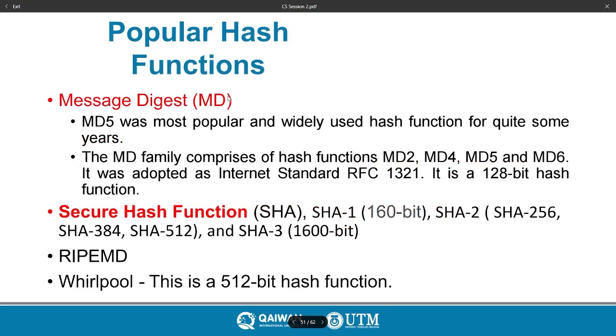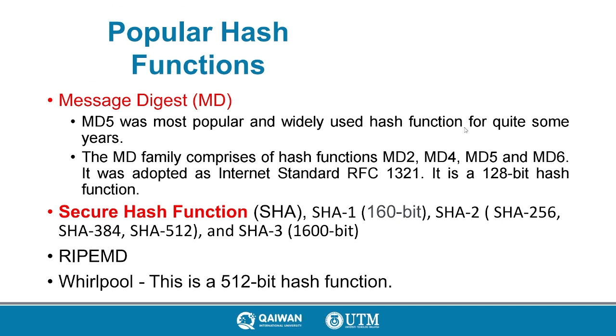Message Digest, or MD. MD was the most popular and widely used hash function for quite some years. The MD family comprised the hash functions MD2, 4, 5, and 6. It was adopted by Internet Standard RFC 1321 with a 128-bit hash.